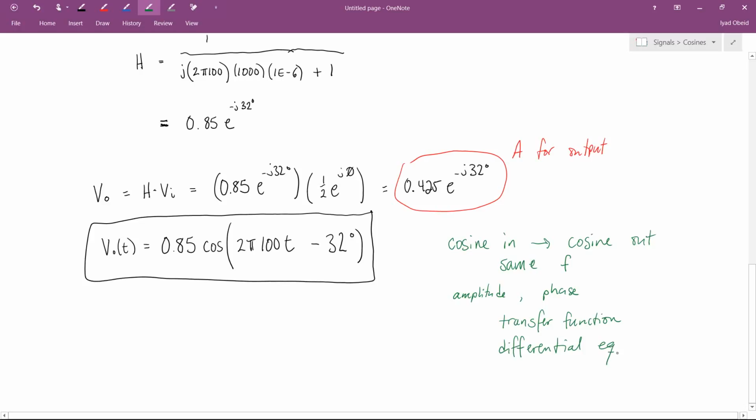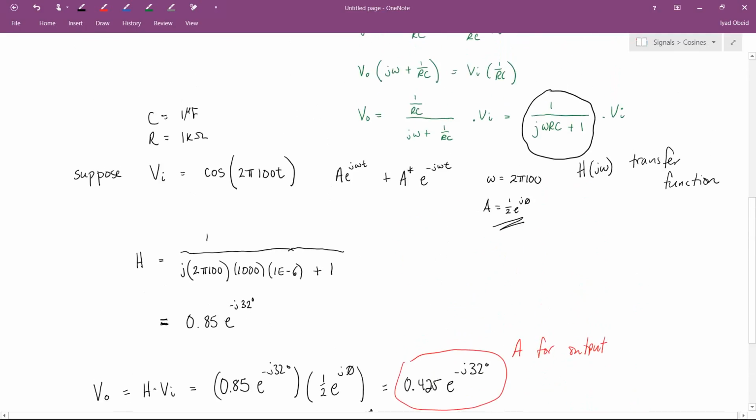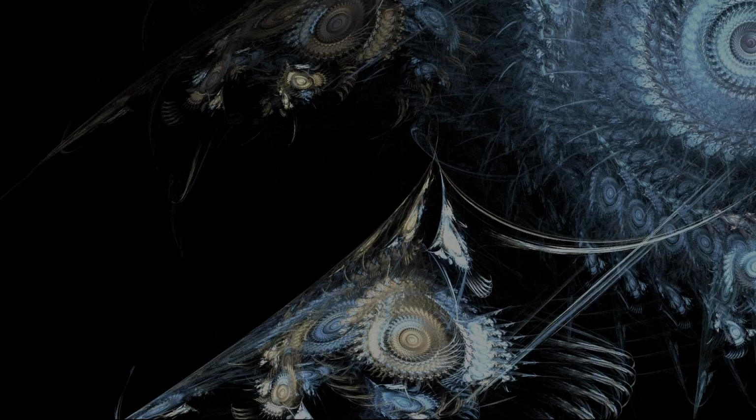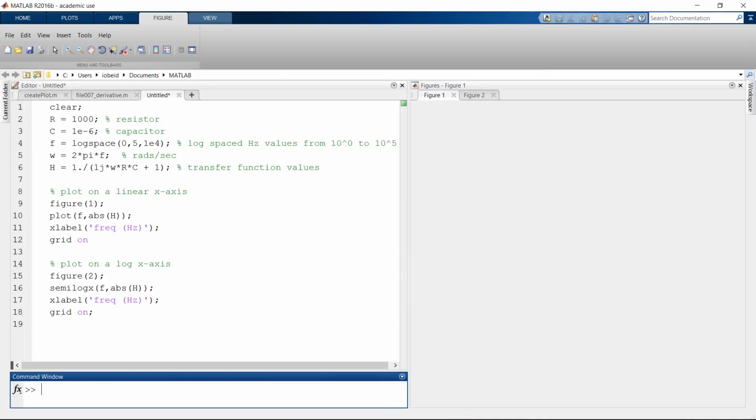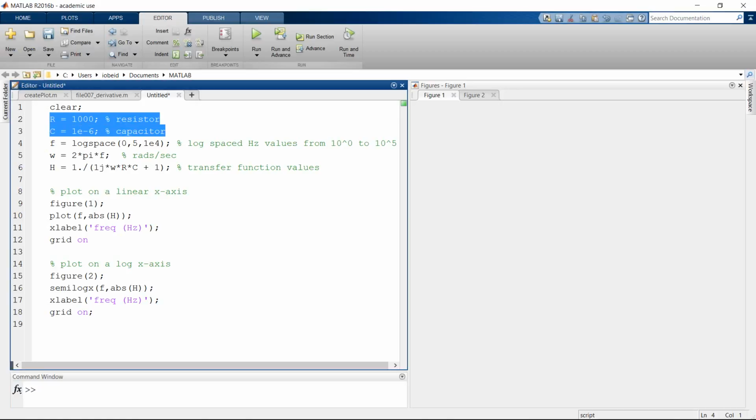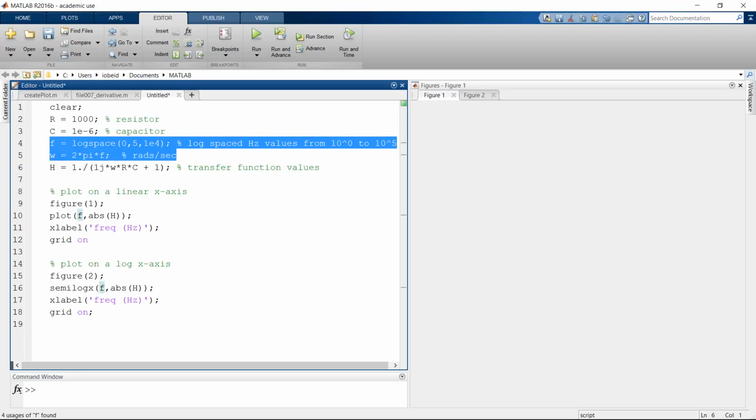Now, a final thought. If we go to MATLAB, we can actually plot the transfer function, 1 over j omega RC plus 1. We can plot its magnitude and we can plot its phase. So if we come over here to MATLAB, you can see that I've already typed in all the code. I'm going to define a 1000 ohm resistor and a microfarad capacitor. I'm going to define the frequency vector.